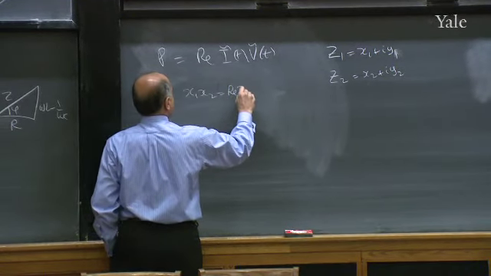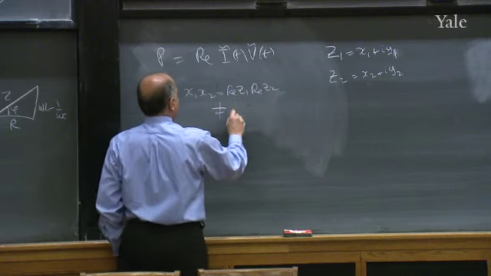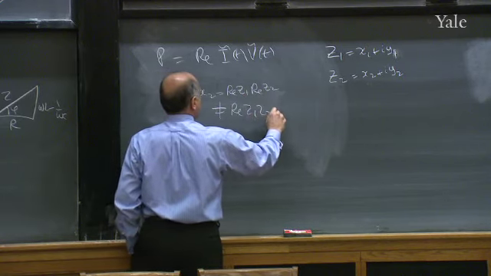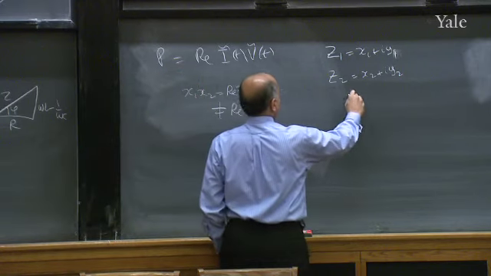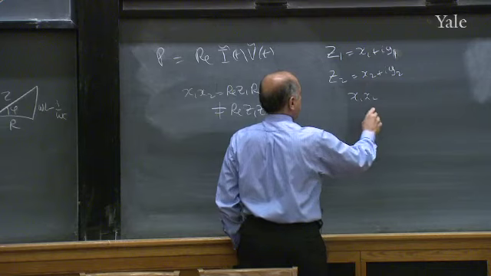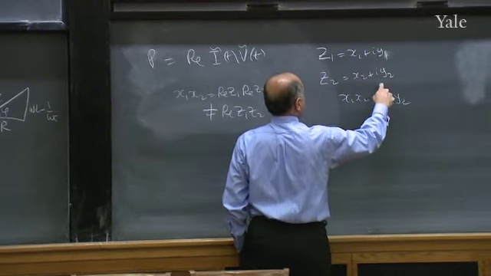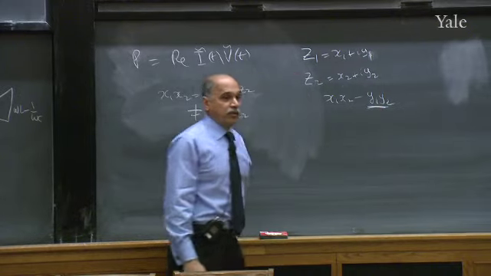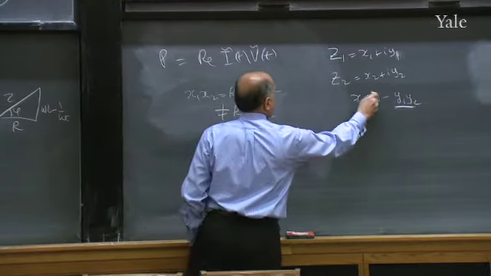That is the real part of z1 times the real part of z2. That is not equal to the real part of z1 z2. Because the real part of z1 z2 has got x1 x2, that's pretty obvious, but it also has minus y1 y2, because when these two imaginaries multiply, they can contribute a real part. But what you wanted is the analog of this one.